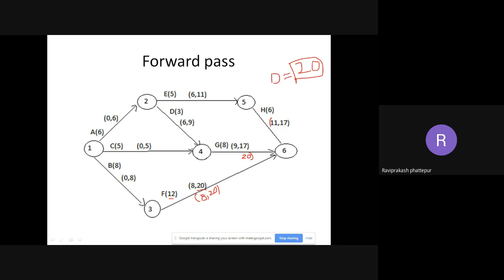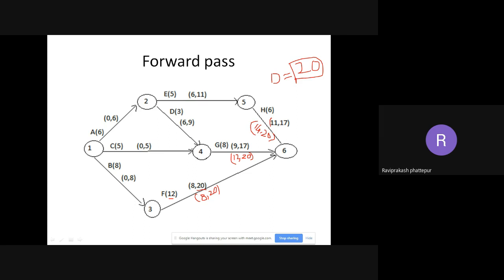So 20 minus 8 is 12. So this is 12 comma 20. Again coming to this one at the bottom, it will end at 20 only here. So 20 minus 6 is 14. 14 comma 20.